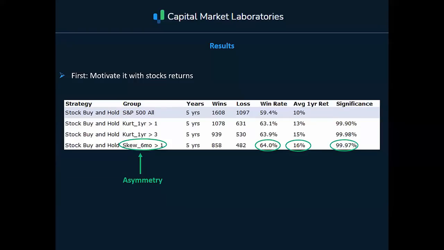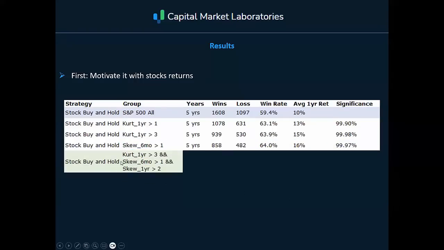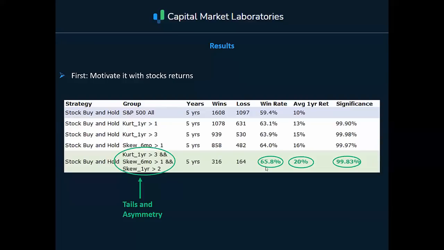I'm not going to go through everything, but here's the last one. What if I took the tail of the tails? I took the one-year kurtosis greater than 3. I took the medium-term skew, 6-month greater than 1, and the one-year skew greater than 2. So I took the tails of the tails, and I took asymmetry. Here's what we got.